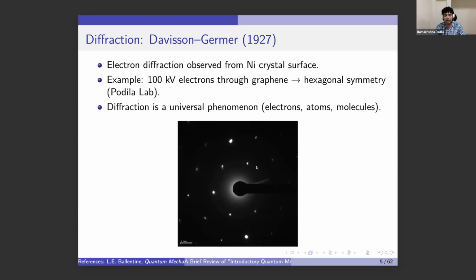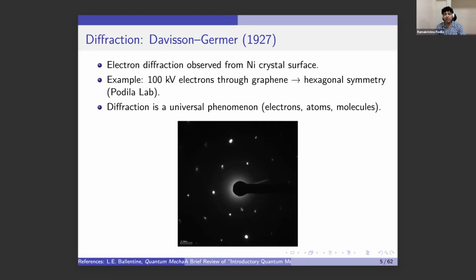These spots are actually coming from the electron diffraction. This diffraction is a universal phenomenon that you can observe with electrons and even molecules. For example, using fullerene molecules, people have done experiments where we were able to observe diffraction. Particles are not expected to diffract like this from classical physics models. So there is something new going on that required a new theory, a new framework to explain.